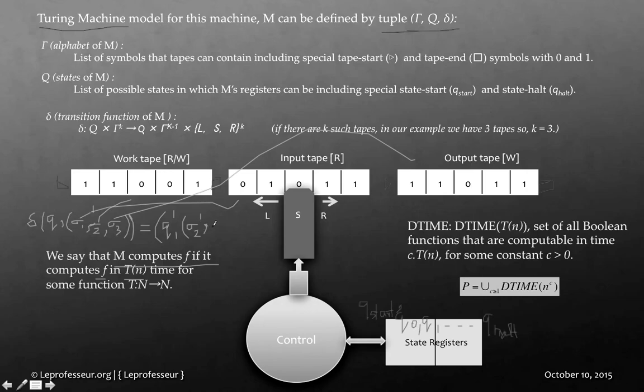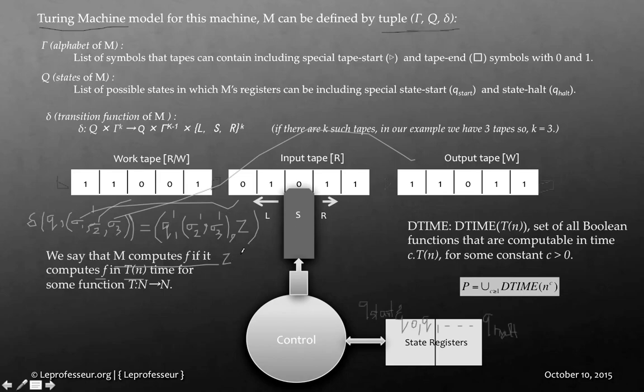Then sigma 3 output tape symbols, we would have this one, and the Z means LSR. What is the value we're going to get from LSR? It means on which side our head is going to move.